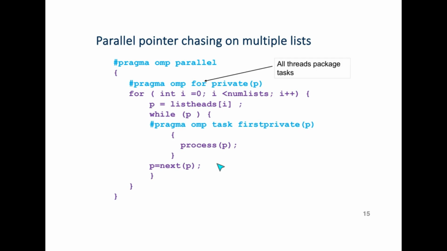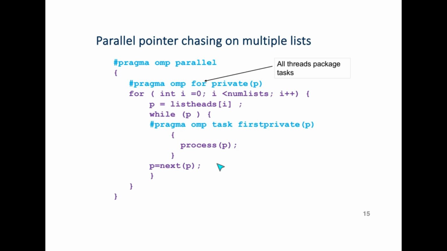We're just going to generate all those tasks, and then however long they all take, the runtime has the opportunity to spread those tasks dynamically across all the threads and try and achieve load balance. So tasks are useful for this kind of irregular nested parallelism, where conventional methods might find it very difficult to load balance everything. And I'll come back to this when we talk about nested parallelism later on.